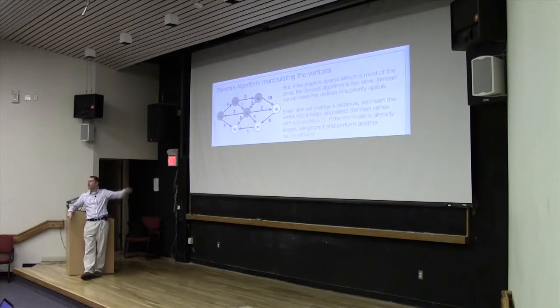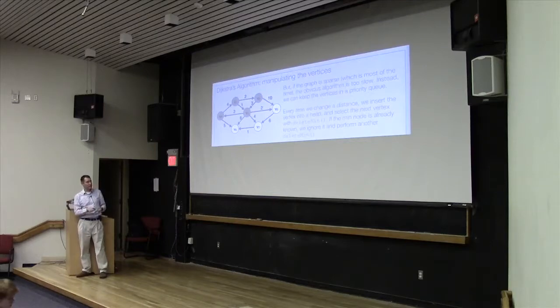Remember what we're trying to do here: we're trying to pick out the minimum distance node. Well, isn't that exactly what priority queues do? They give you the minimum, or the maximum, whatever you want. You can easily get the minimum value, which means it's great for this sort of idea.